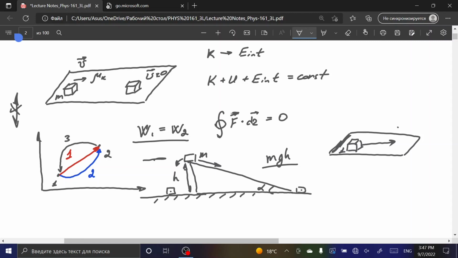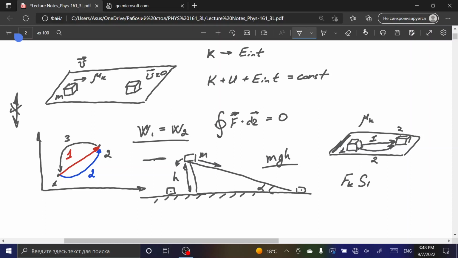So this is position 1, this is position 2, the new position of this block, either along trajectory 1 or trajectory 2. So what will be the work done by the friction force? We have some friction coefficient mu k, the kinetic friction coefficient. So the kinetic friction force times the length of this path. In this case, let's call it S1, the length of path 1.